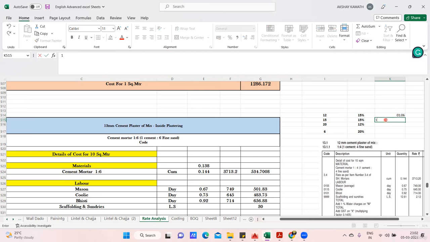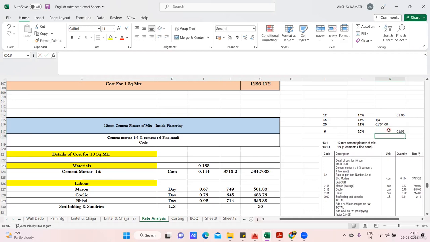If it is a 20 mm plastering, again 1:4. If it is a 6 mm plastering, we go with 1:3.